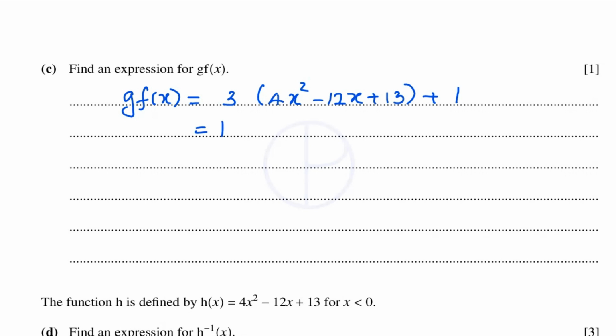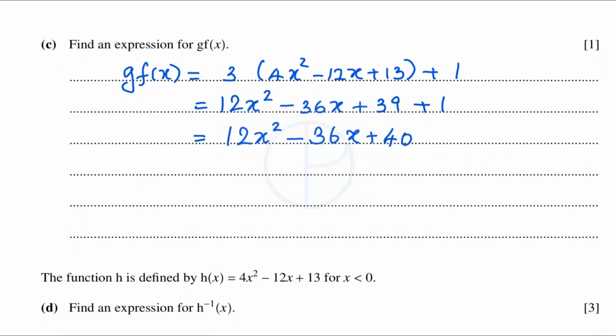Now expand the brackets: 12x squared minus 36x plus 39, plus 1, is 12x squared minus 36x plus 40. This is gf of x.